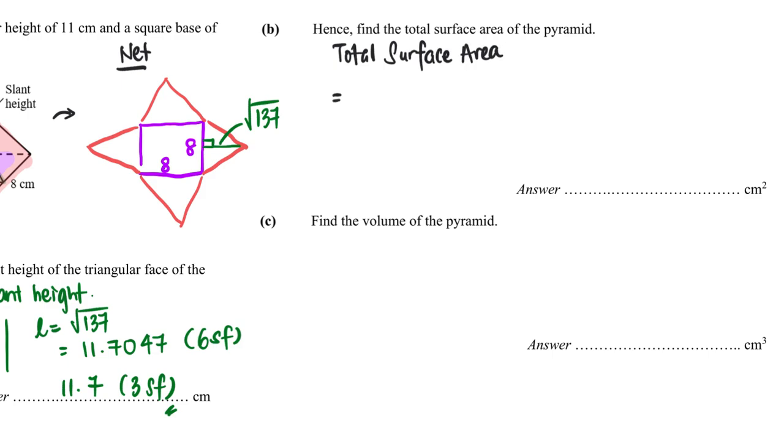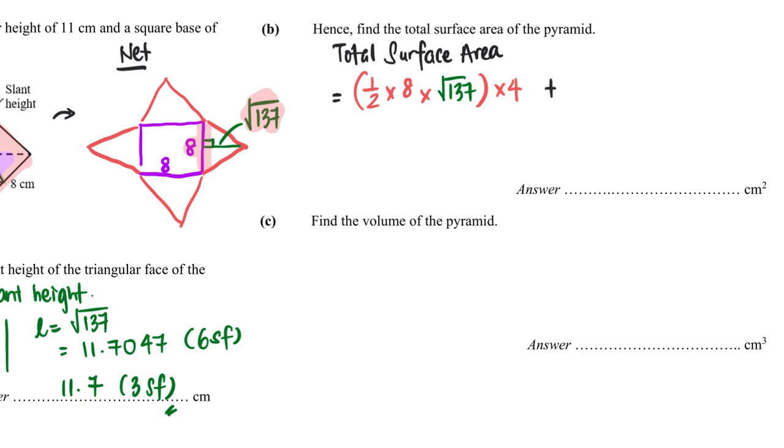will be equals to half times base 8 cm times the height square root of 137. This is for one triangle. How many are there? 4 of them.